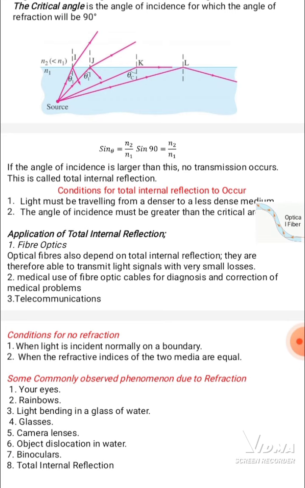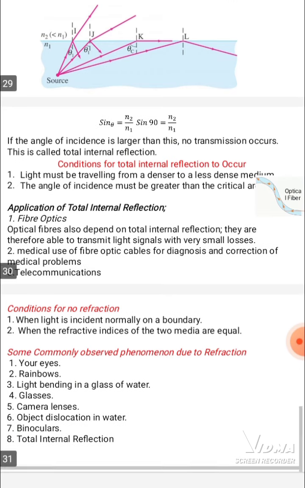That means glass is denser than water, and water is denser than air. Then the second condition is that the angle of incidence in the denser medium must be greater than the critical angle C.